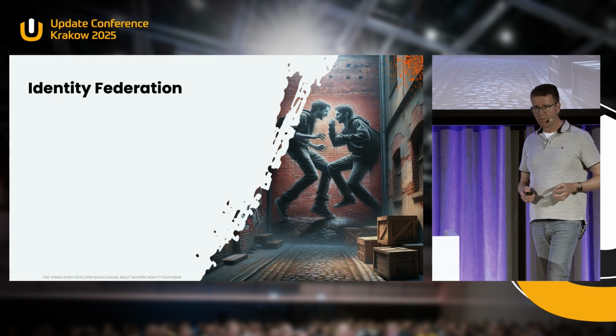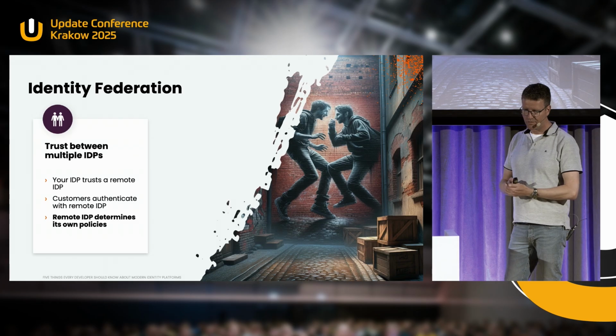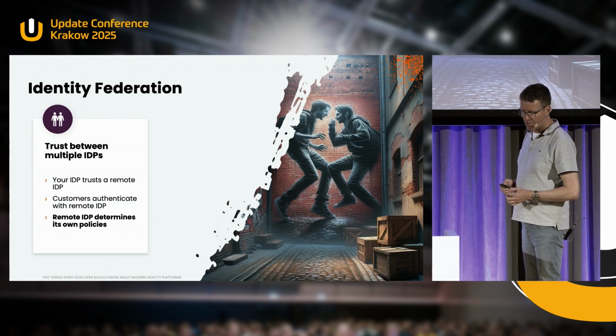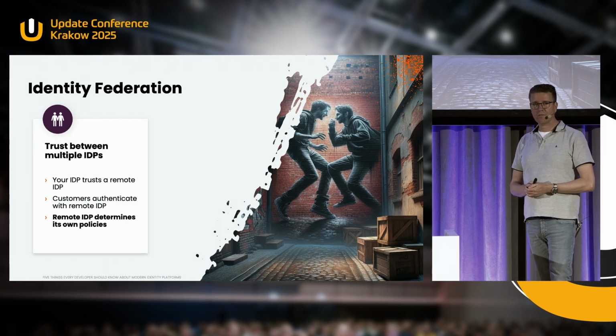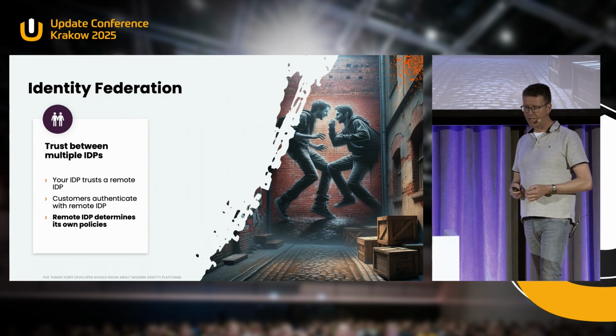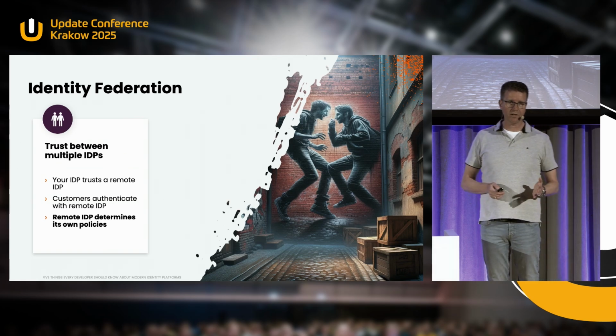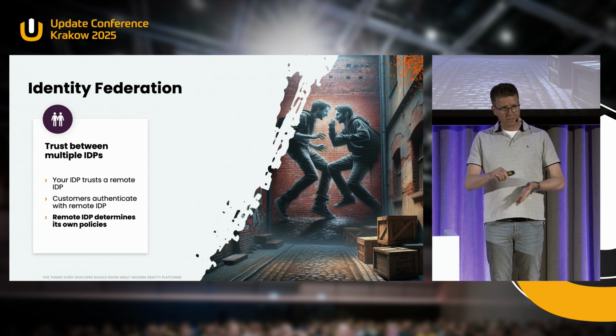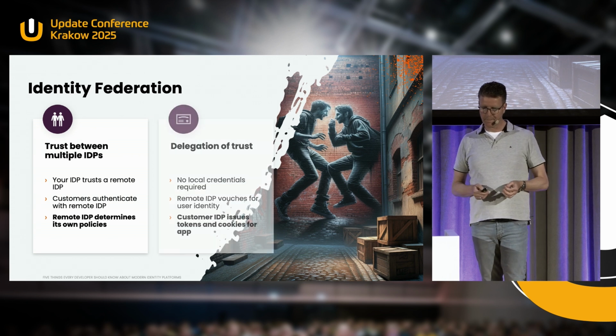You probably want to solve this problem by doing something called identity federation. So federation is really just a matter of trust between multiple IDPs. So instead of having one IDP, you can have as many as you want, provided that there is this trust relationship between them.